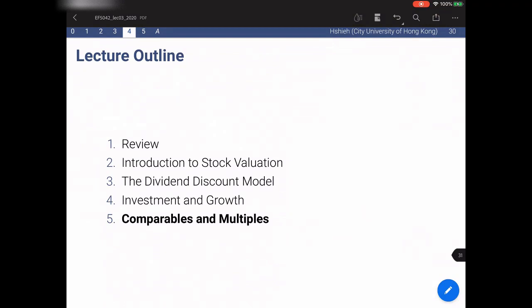We want to think that we can compare firms to other firms given similar characteristics, and this helps us double check that the valuation we come up with for the firm is not completely outside of our reality, right? So we kind of want to ground our model with some facts that we can actually infer from other firms. Okay, the idea is quite simple.